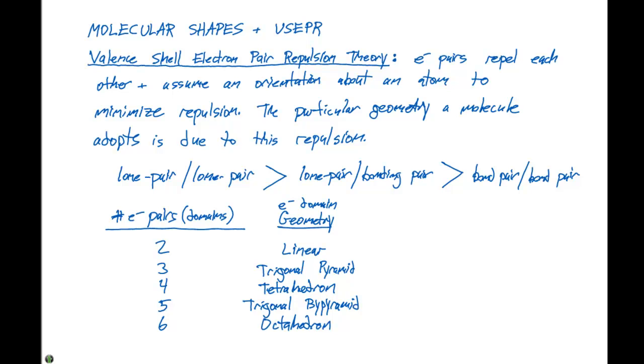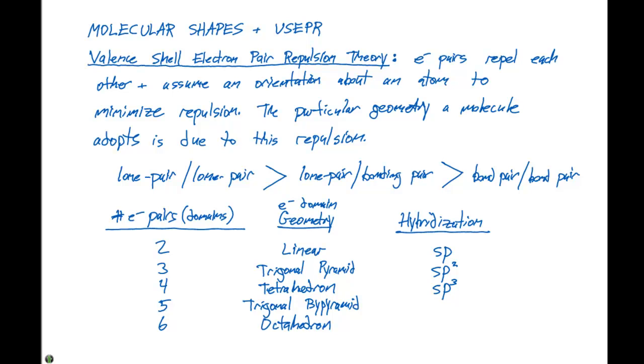In addition to the electron pair geometry, we can determine the hybridization. If we have a molecule with a linear electron domain geometry, we have sp hybridization. If we have a trigonal planar geometry, we have an sp2 hybridized molecule. If we have a tetrahedron, it's an sp3 hybridized molecule.